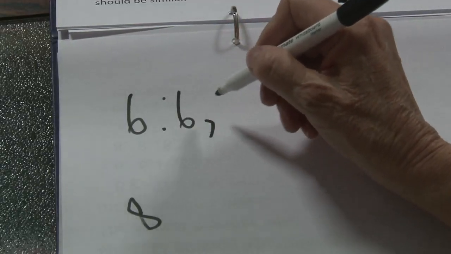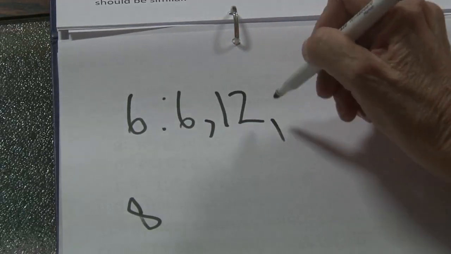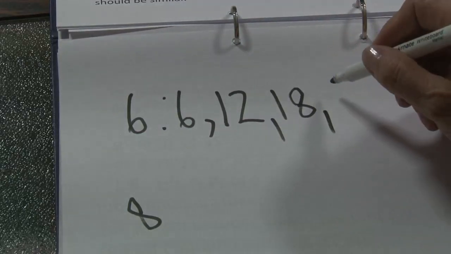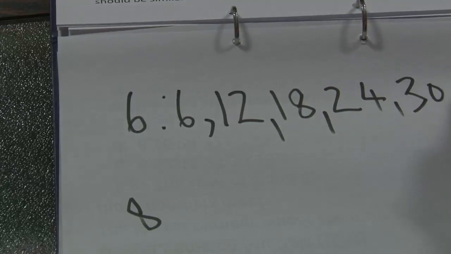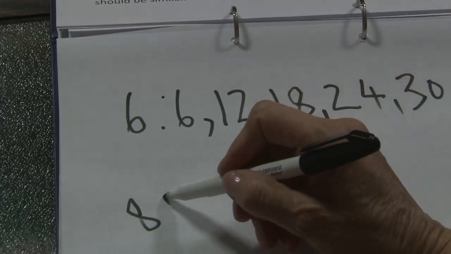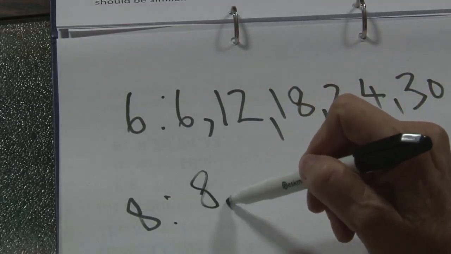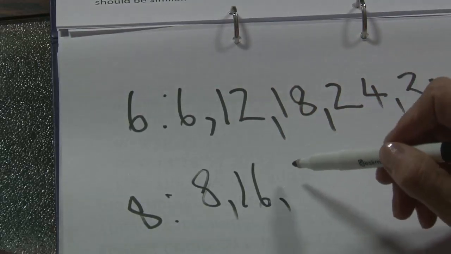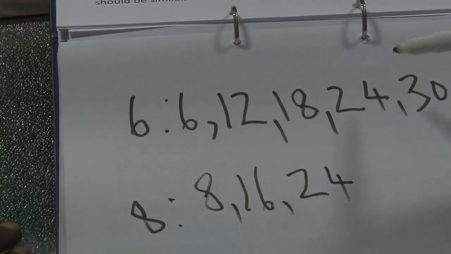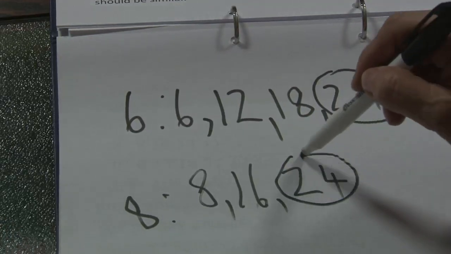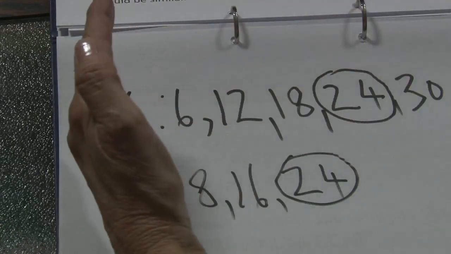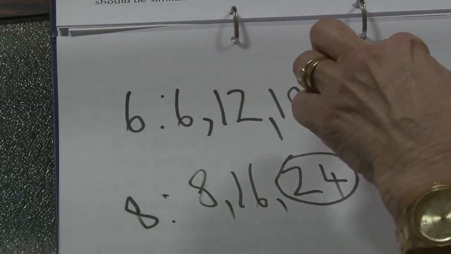So you start with the multiples 6, 12, 18, 24, 30, 36, and 8, 16, 24. And now you realize, oh, I already had a 24. So 24 is the first one, the lowest one that are similar. So 24 will be the lowest common multiple.